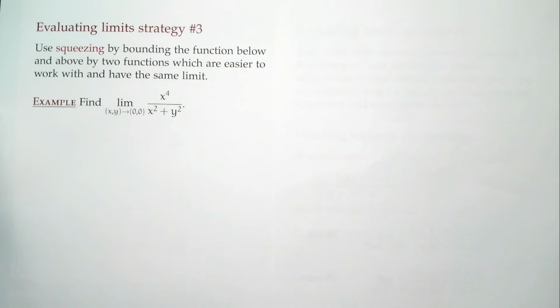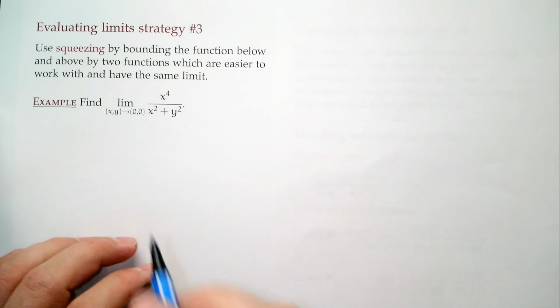Now, one of the things you might get an intuition for is saying, oh, x to the fourth is a higher power than x squared or y squared. So intuitively, x to the fourth should be going to 0 faster than what's happening downstairs. That's good intuition to go with, because it turns out that that's what's going to happen.